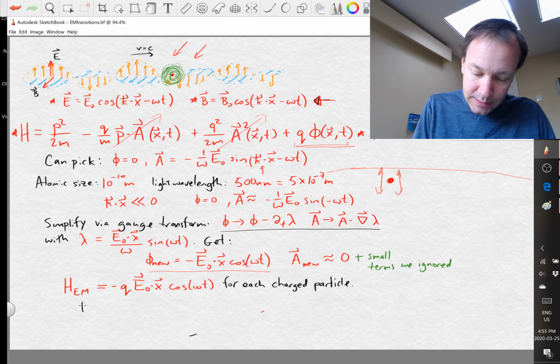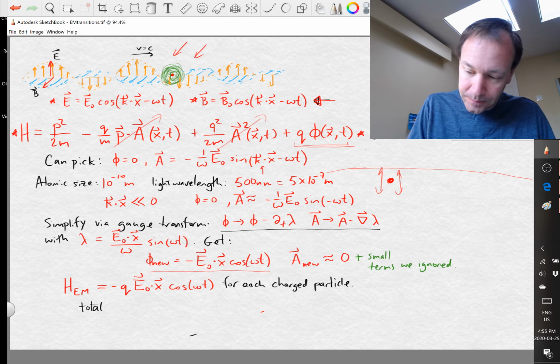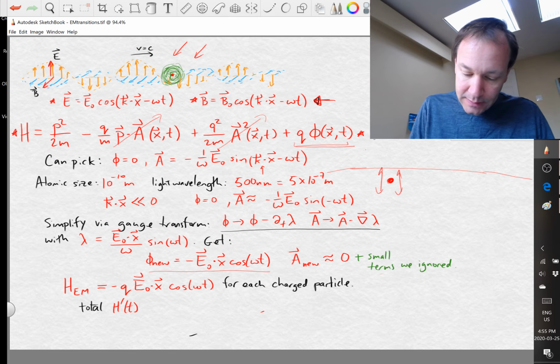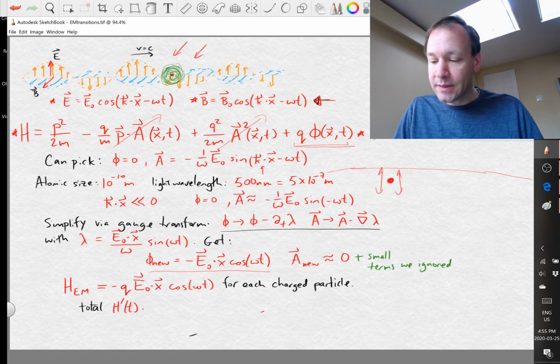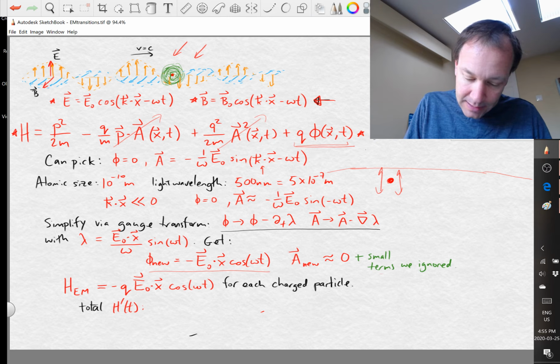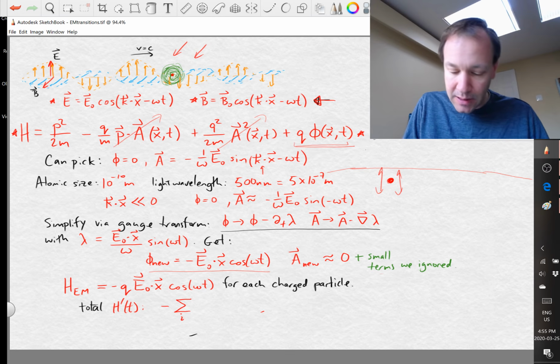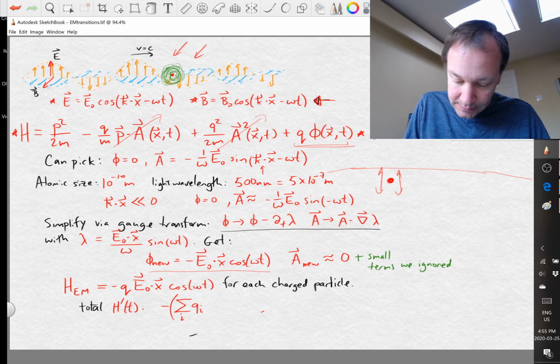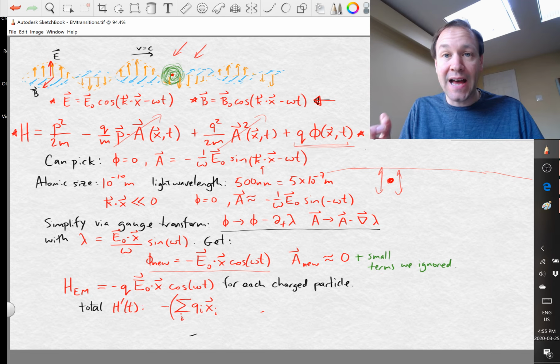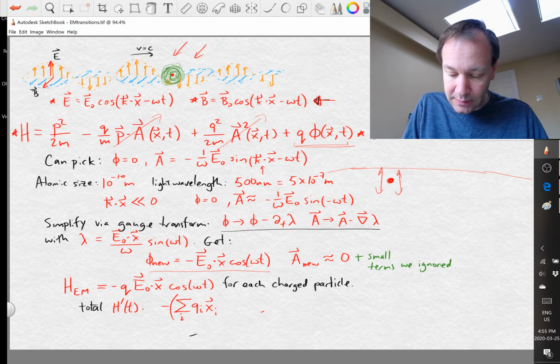And so the total thing that we have to add, the total H prime of t, in this approximation looks like minus the sum over i of your various charged particles, q_i, and then we have the position operator for that ith charged particle.